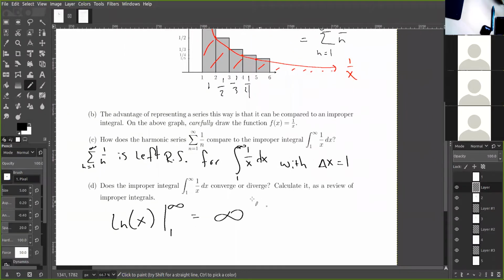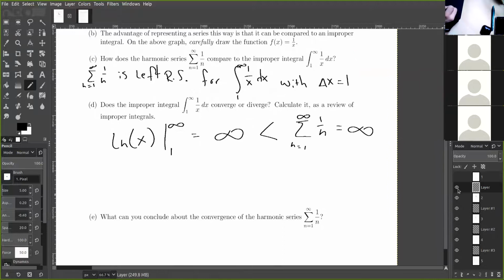So if the sum of 1 over n should be bigger than infinity, we found another reason, just by comparison, that this harmonic series should diverge, which we already knew. This just confirms that for us.